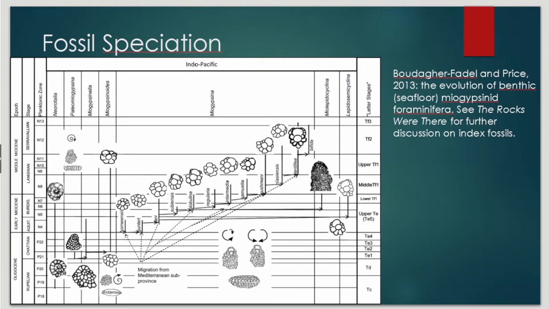Fossil speciation. Okay, so again with the chronospecies. Well, this isn't quite a chronospecies, but with certain organisms, we have amazingly good fossil records, just absolutely astoundingly good fossil records, and that is especially the case for what are called phytoplankton.